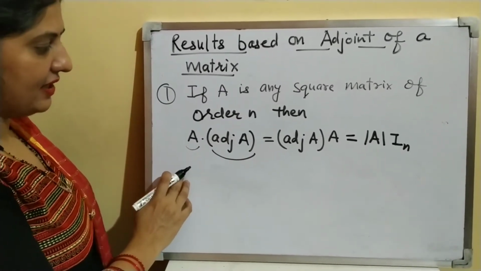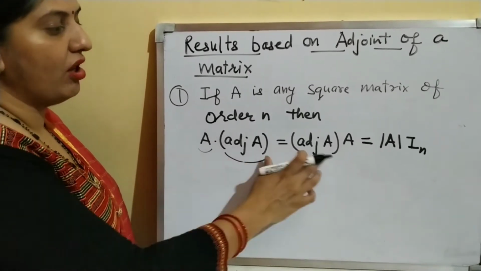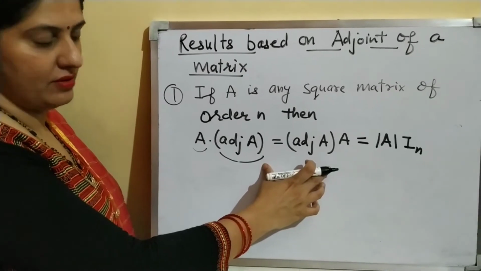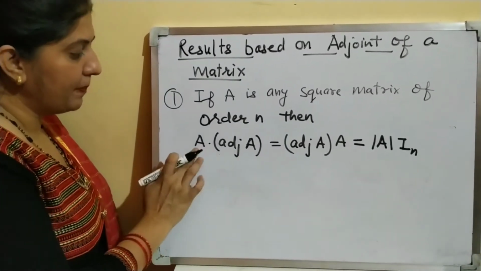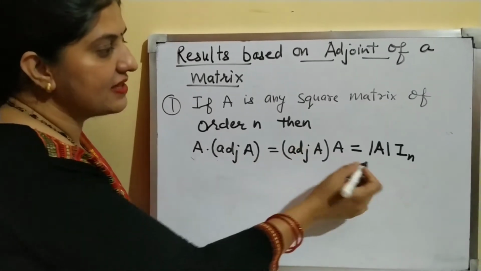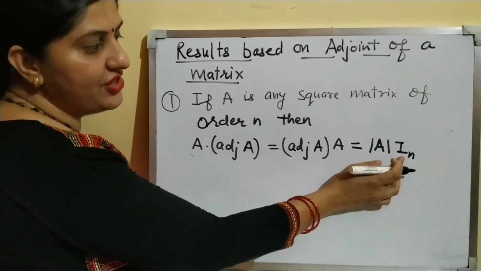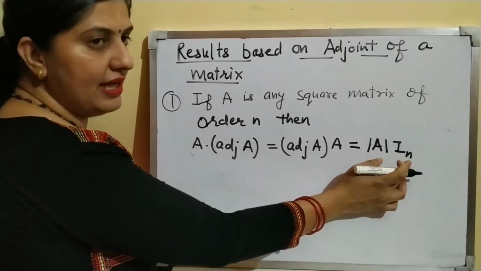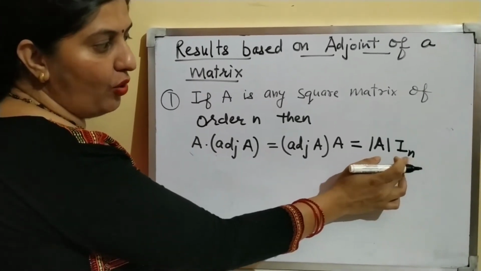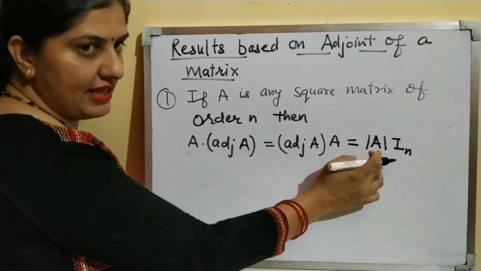So, we can say that product of matrix A and its adjoint is always commutative. And the product of A and adjoint of a matrix A is equal to determinant of A into identity matrix of order n. Order of identity matrix is same as order of matrix A.